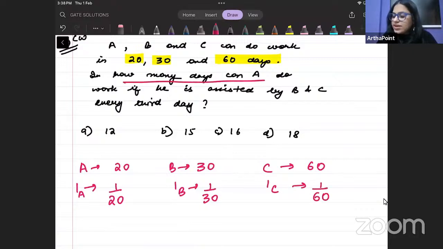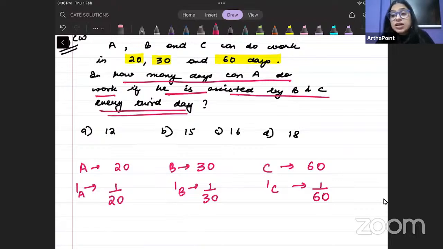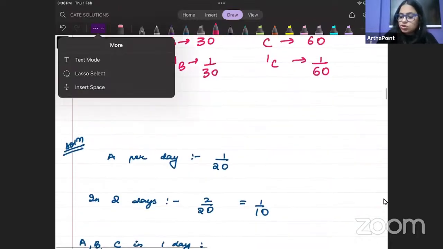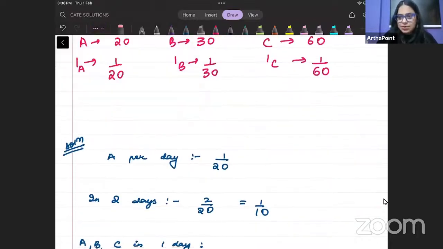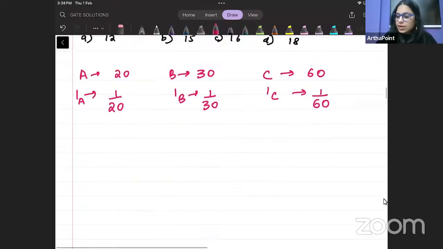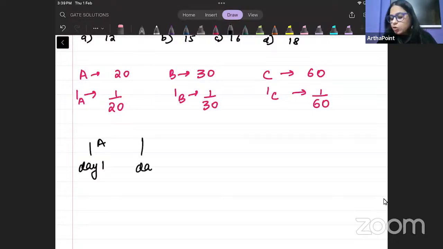It says in how many days can A do the work if he is assisted by B and C every third day? So try to understand the question. What does it mean? It means that on day 1 only A will work. On day 2 only A will work.